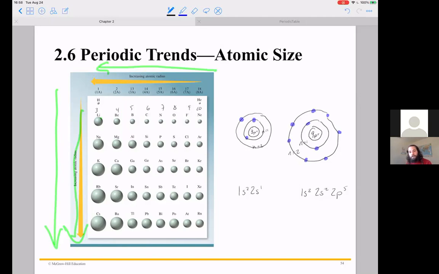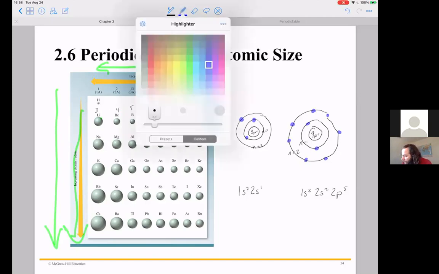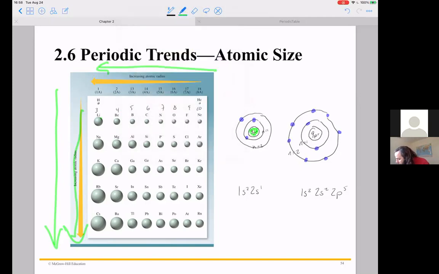The bottom line is that all those electrons are added to the same layer, and notice what happens to the size of my nucleus in terms of the number of protons, right? So lithium has 3 protons that are pulling in all those electrons. Fluorine has 9 protons that are pulling in all those electrons. And although there are 9 electrons, 7 of them are sitting at that same level.